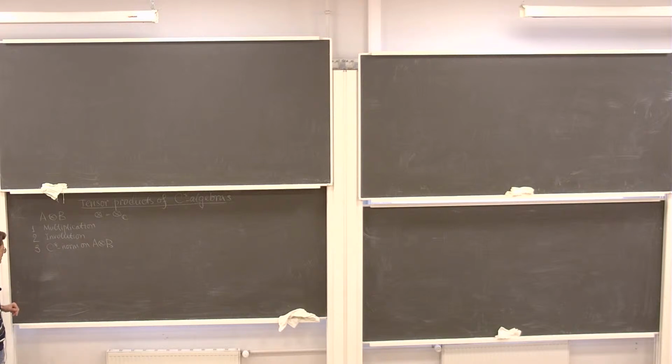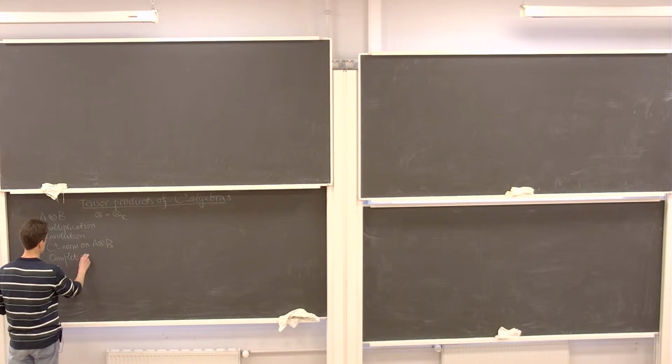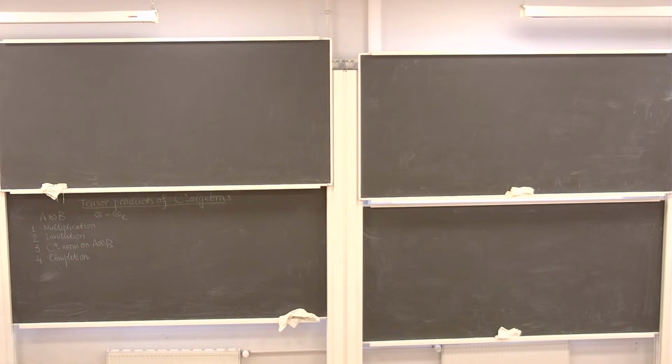And finally, in general, there is no reason to expect that the resulting normed algebra will be complete. And in general, it is not. So as a final step, we take the completion. And we get a certain C-star algebra, which is called the tensor product of A and B. So this is our plan.